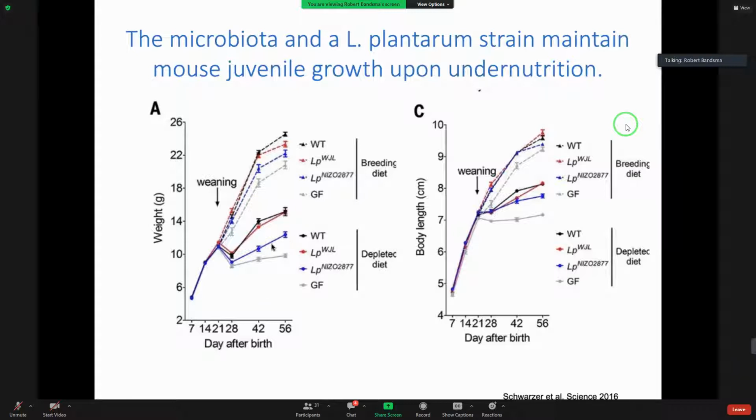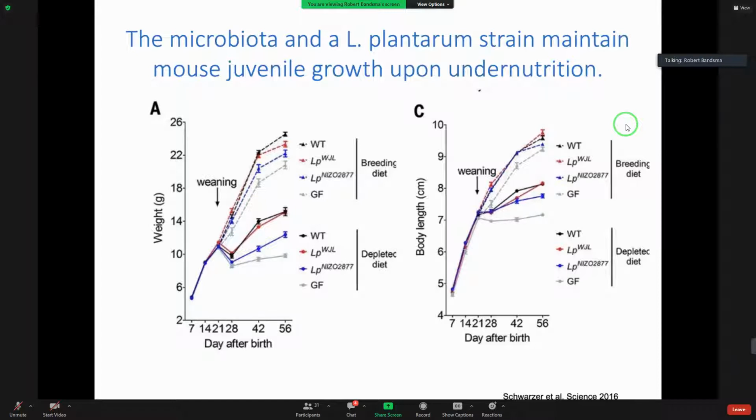But if you just give a disrupted, an altered Lactobacillus, you have much slower growth. And this again is under suboptimal nutritional conditions, and the same with body length. So one probiotic species can affect growth.